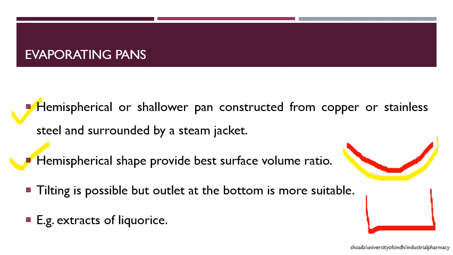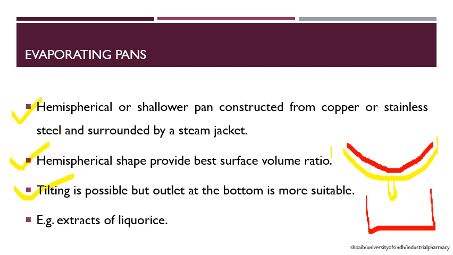Next is that tilting is possible, but an outlet at the bottom is more suitable. As we discussed, there was an outlet over here for the removal of the product, but in some types of equipment tilting is also possible.